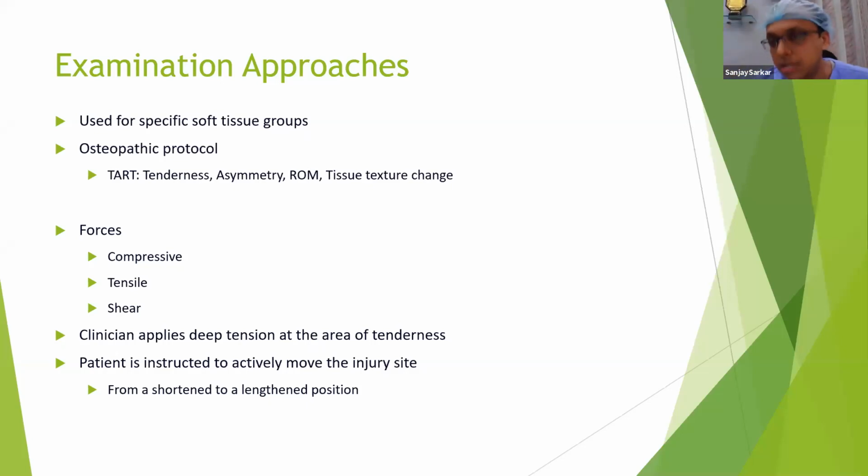Lastly, tissue texture change. All right, now I am bending forward. When I am bending forward, and let's say you are my clinician and you are standing behind me, you are seeing my back. So I have to check if both the sides of the back are at the same level or not.